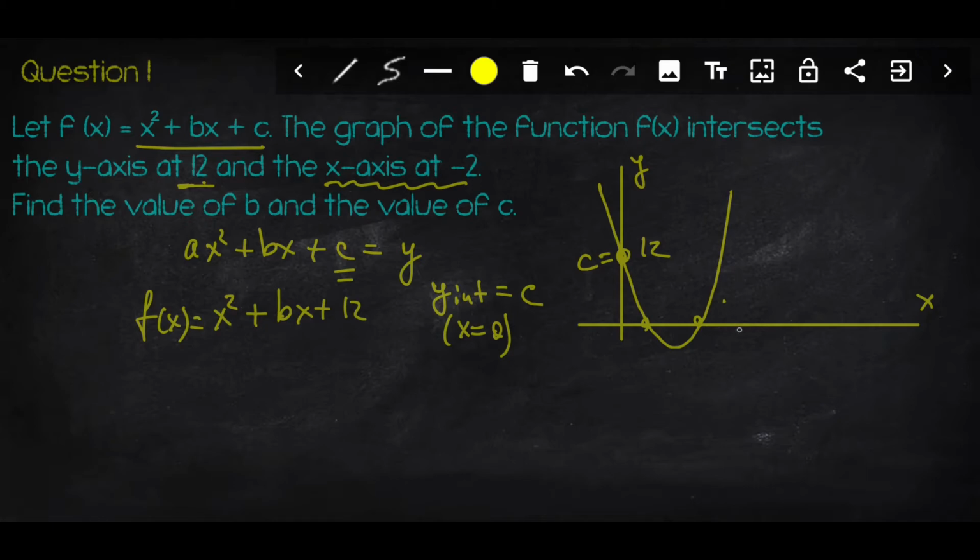This is an intercept, so we can plug the argument x equals -2 straight into the equation.